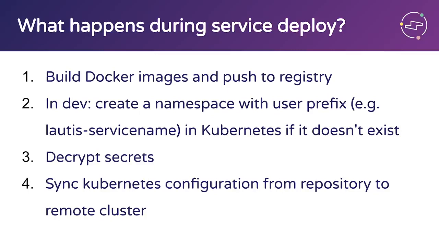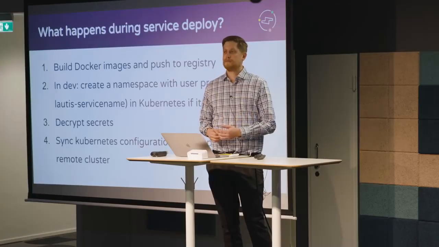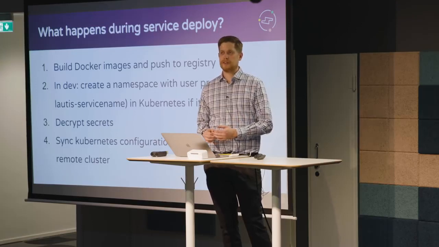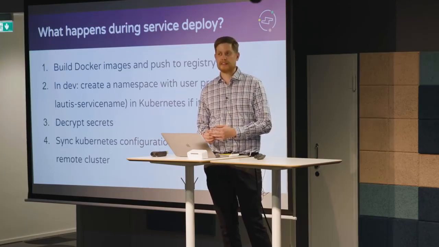So when we deploy something, what's happening there in our setup? We first of all need to build a Docker image and push it to the registry. In development mode, we might need to also create a namespace with a user prefix. If I'm deploying a service for the first time, then the namespace most likely doesn't exist.